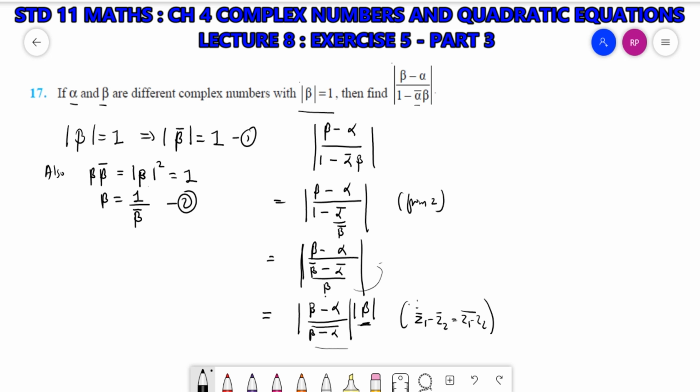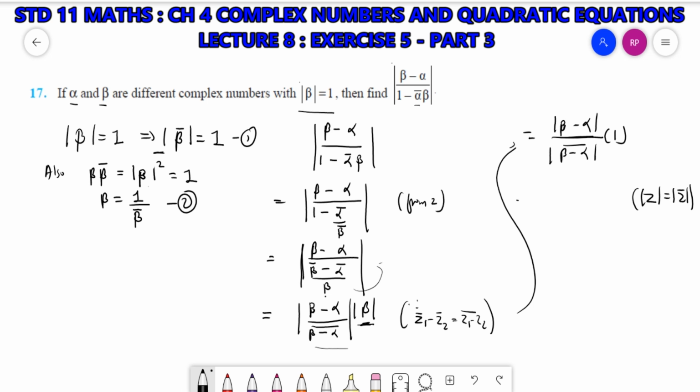Now what is modulus of beta? That is 1. When I take it here, modulus of (beta minus alpha) upon modulus of (beta minus alpha whole bar) into 1. Modulus of beta is 1. Now we again have the property that modulus of z is equal to modulus of z bar, which we used here.